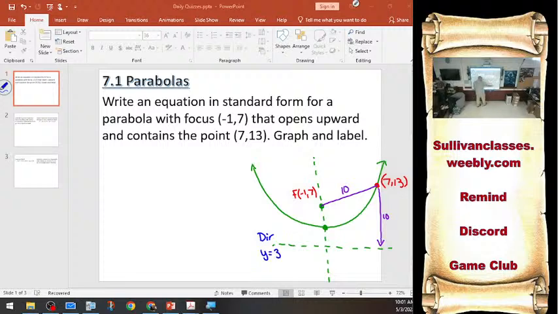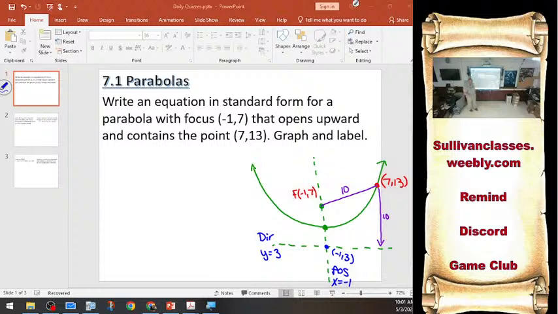Since my axis of symmetry goes through the point -1, 7 and it's a vertical line, I know my axis of symmetry is x equals -1. And the intersection of those two, the point -1, 3, is itself not a feature of the parabola, but it helps me to find the one that is.